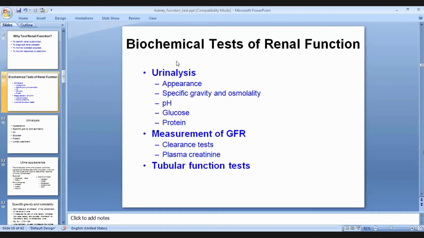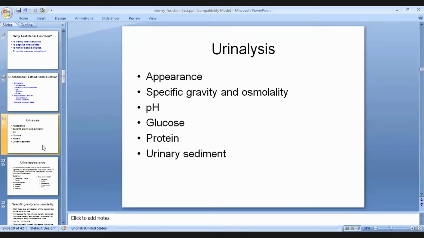So first we are talking about the general biochemical tests for renal functioning. Urine analysis, where we see the appearance, specific gravity, osmolarity, pH, glucose, protein. So these are under urine analysis. We can do urine analysis and measurement of blood urea, creatinine, and electrolytes.